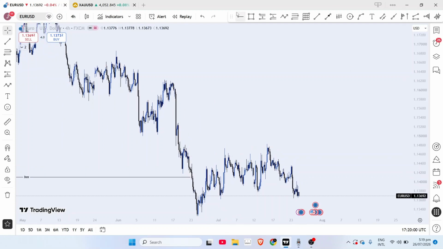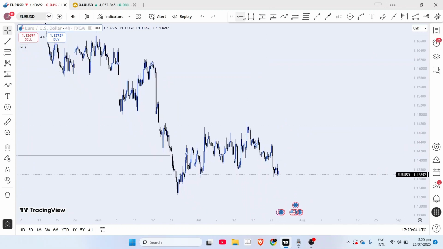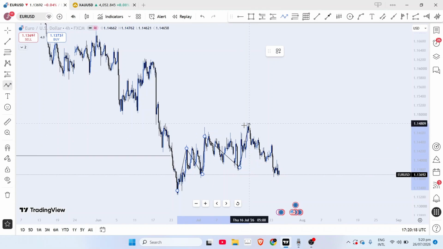So on EURUSD, you can see price is reacting. It's already reacting, and we had a series of, we have this bullish break, retracement. We had another bullish break, and price is reacting from these areas.